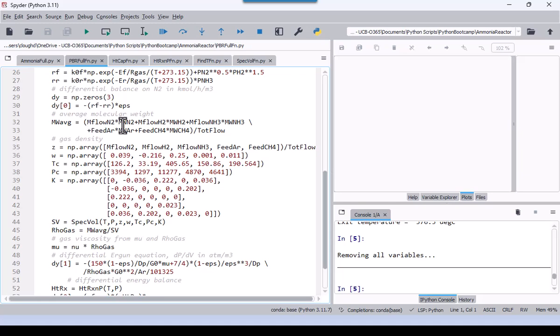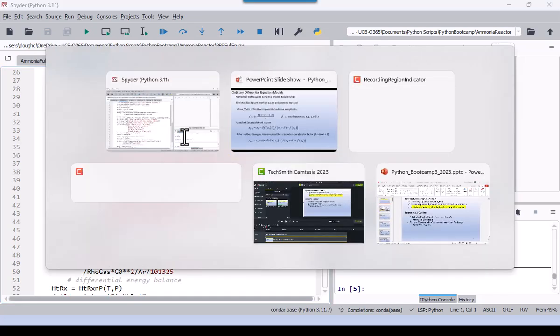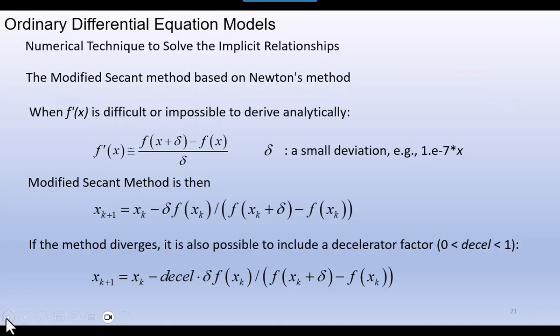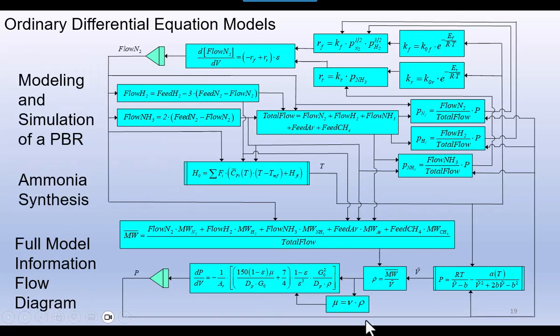But then things change a little bit toward the bottom here. We have our average molecular weight directly from the information flow diagram. And then the gas density. We got the gas density by solving the Peng-Robinson equation for the specific volume. Let's see if we can pop back to that. Let me back up a couple to remind you.